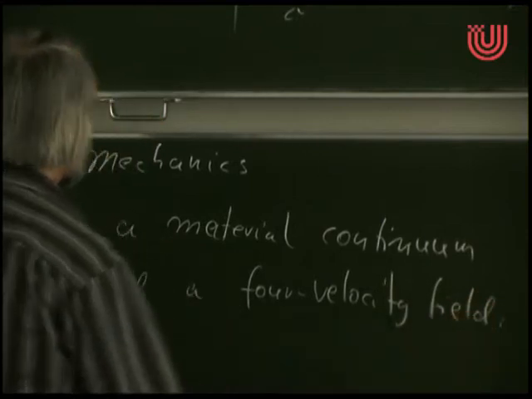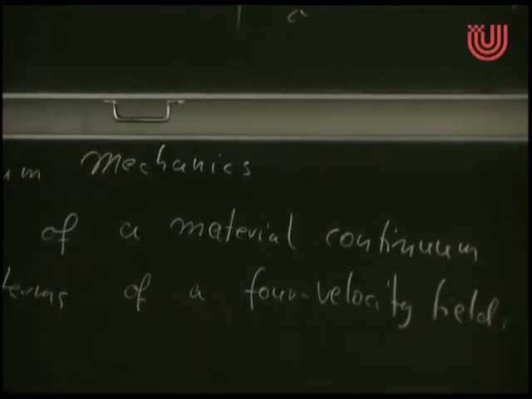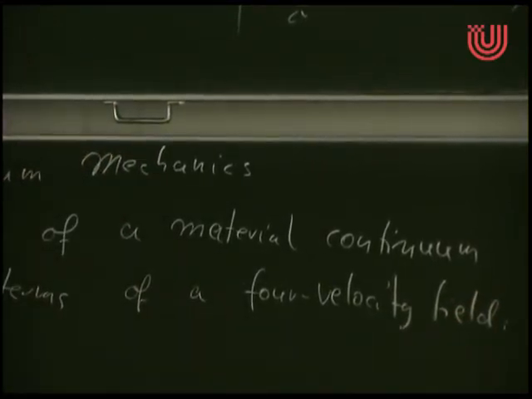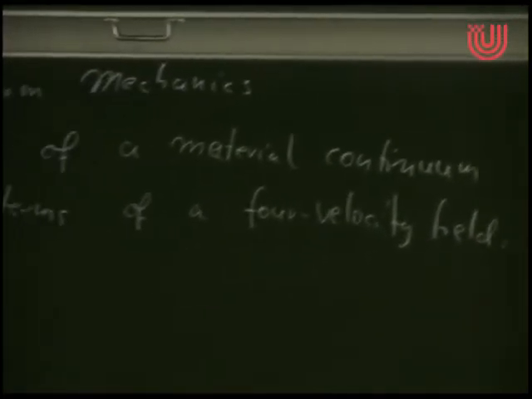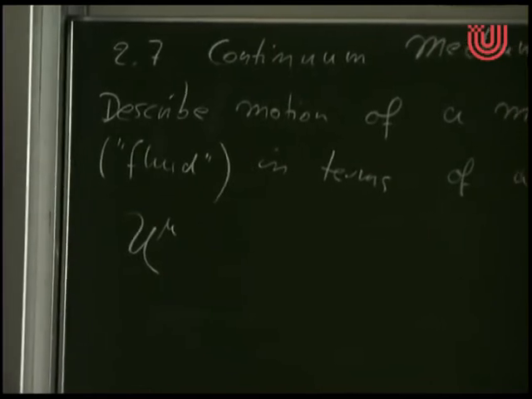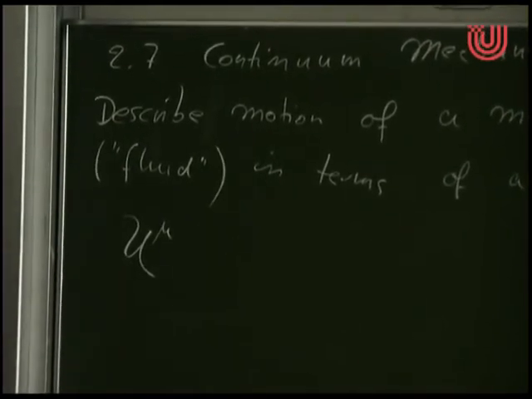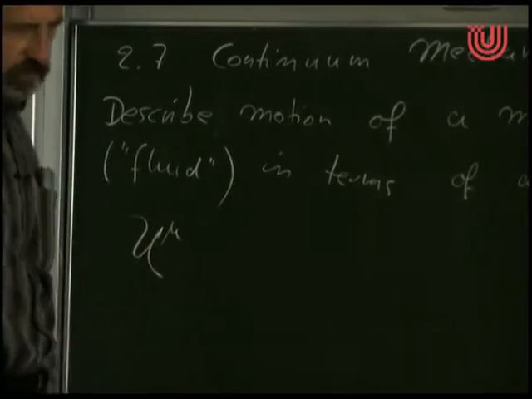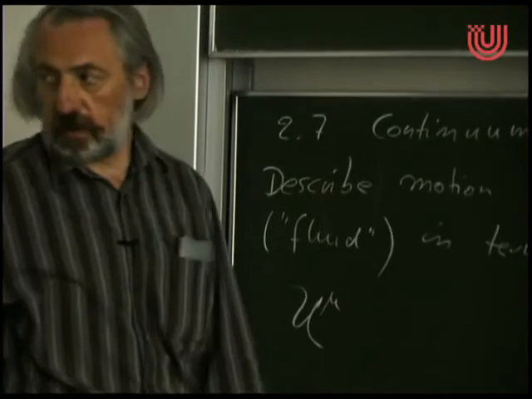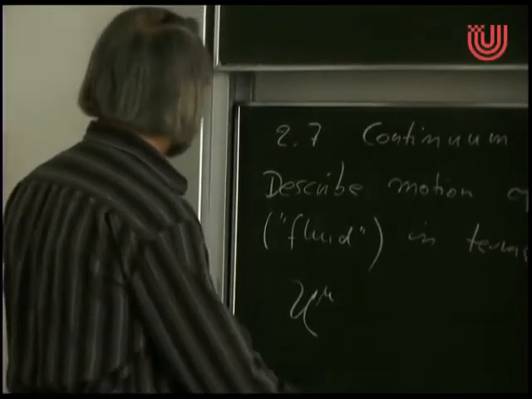So what is this mathematically? It's a four-velocity. For this four-velocity field of a continuum, I use a capital U. I had the little u for the four-velocities of particles, and I will use a capital U for the four-velocity of a continuum. And because now it is a continuum, it fills all of space-time, or at least the volume in space-time continuously.